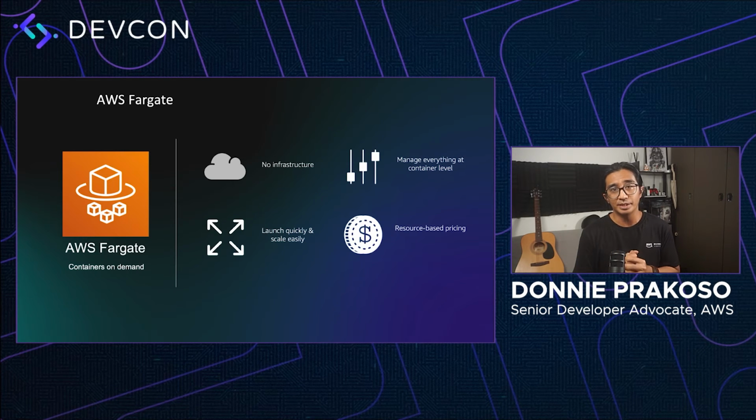Now, the next question is, why does using Fargate matter to us developers? Simply because with Fargate, it can provide a significant operational saving. Why? Because with Fargate, it frees you from having to manage any of the underlying infrastructure, and it also comes with improved security. And Fargate is running on serverless, so you can focus on building your product and not the infrastructure.